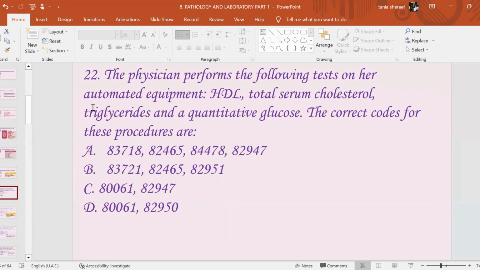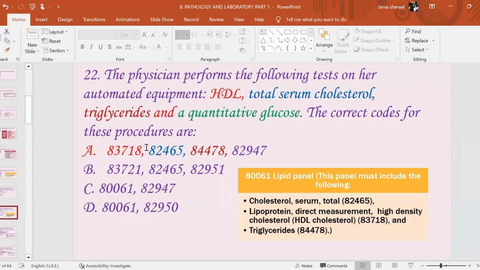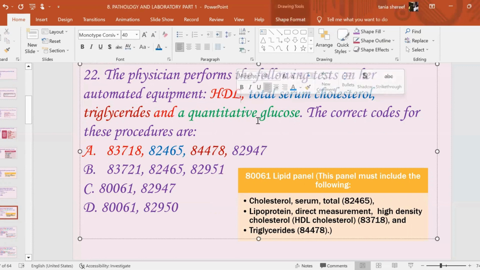Now, another example. The physician performed the following tests on her automated equipment: HDL, total serum cholesterol, triglyceride, and a quantitative glucose. What are the correct codes for this procedure? Let's check the codes. First is 83718. In the lipid panel we can see lipoprotein HDL, and for HDL the code is 83,718.